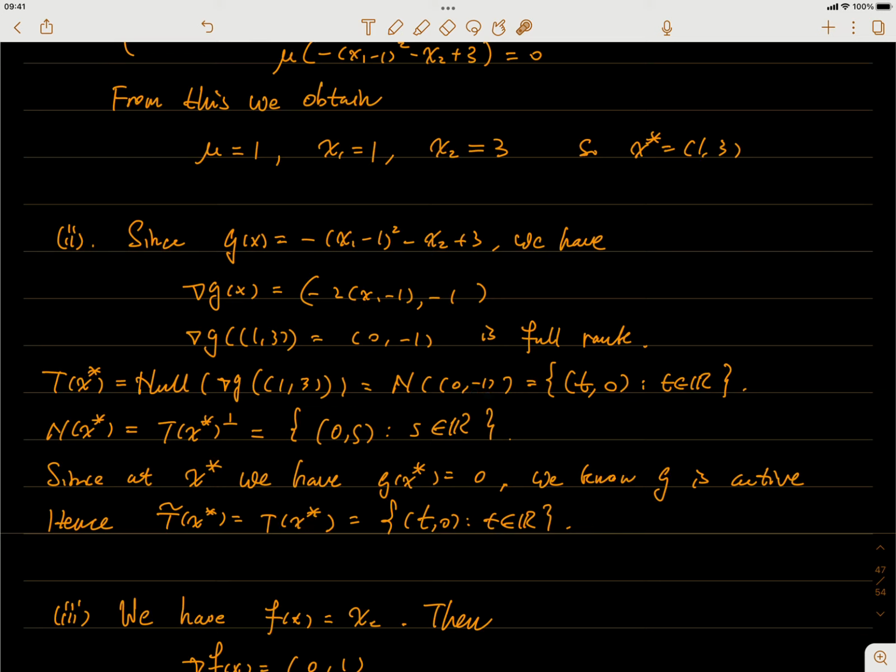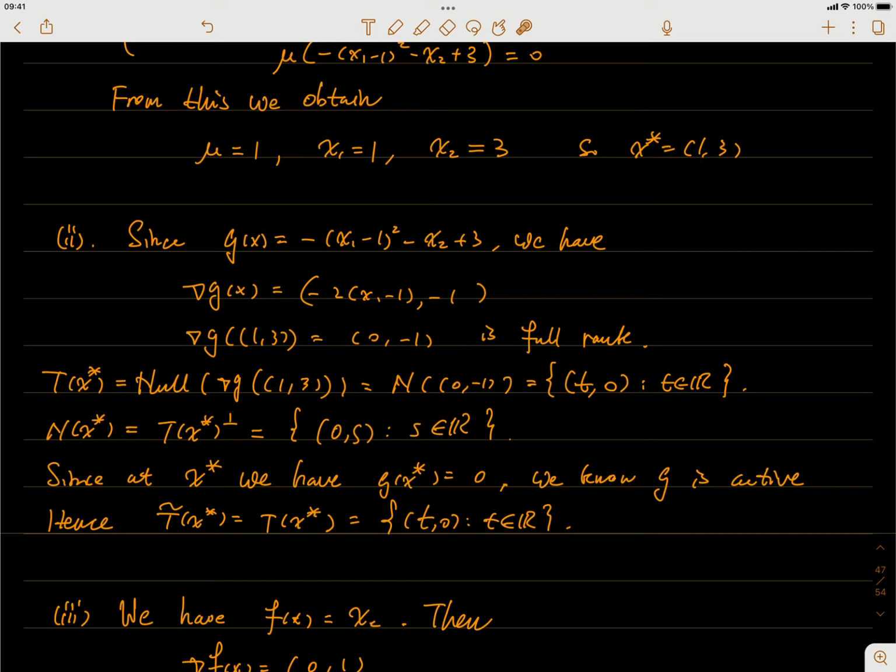If you take the inner product of any two-dimensional vector with this vector, the first component doesn't matter, because the product with 0 is always 0, but the second component's product should also be 0. So all the vectors of this form are in the null space, and you can see that the inner product gives you 0. That's T(x star).